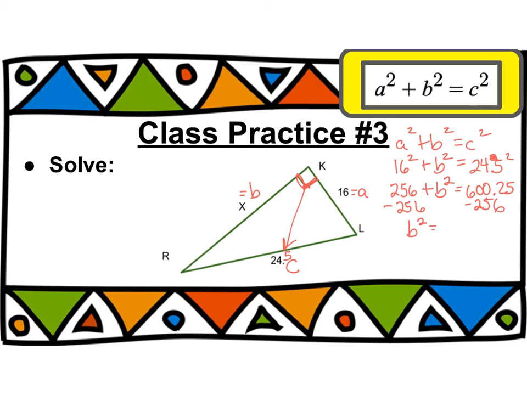You'll have your calculator, so you'll be okay. So B squared is going to be 344.25. I want to undo the square, so I'm going to square root both sides. And my calculator tells me it is about 18.6. Yeah, that does make sense. It's smaller than the 24.5, so we are good.